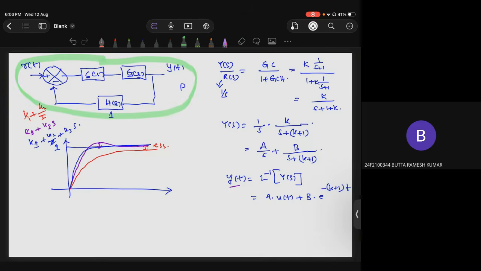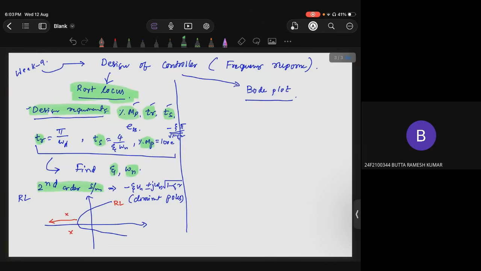The G of s is given. Now my question is asking you to design a controller. Once you design this controller, if you plot the response, something like this, my output should have this much overshoot, this much transient time, this much settling time.